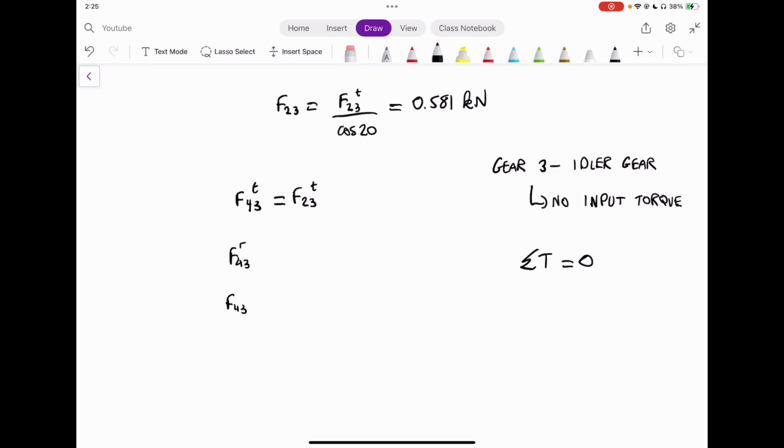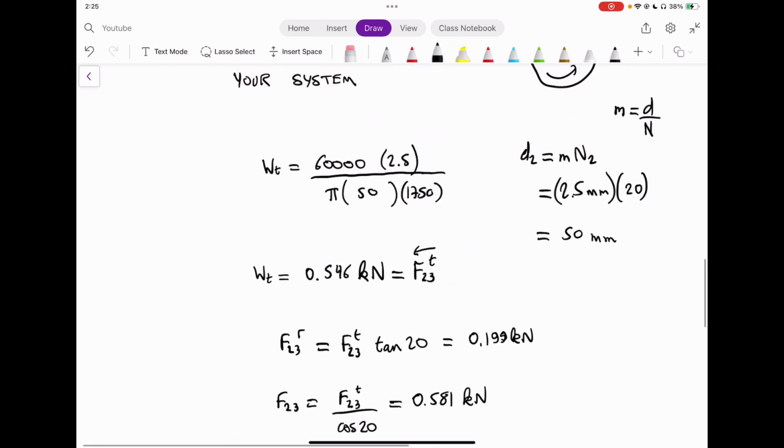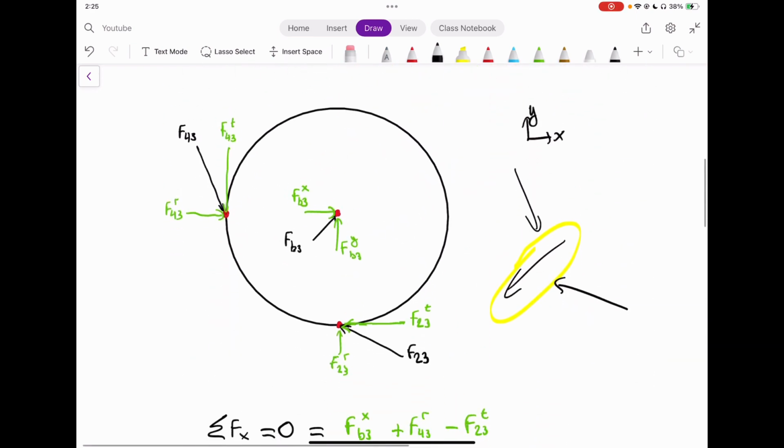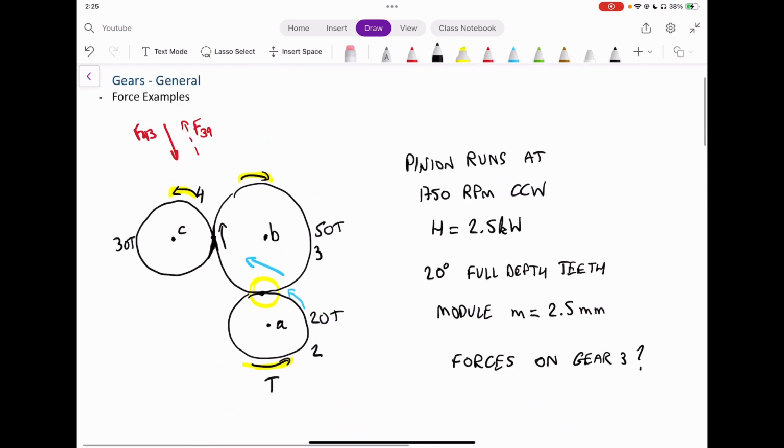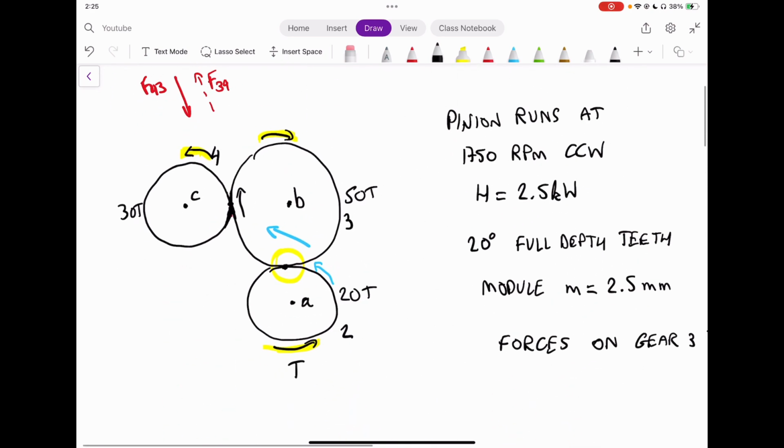So let me explain that for a few seconds. If we go back to the initial diagram, we see that force is being transmitted through this point. So we have the force being transmitted from 2 to 3, and that force with gear number 3 is just going to be translated straight on to here.